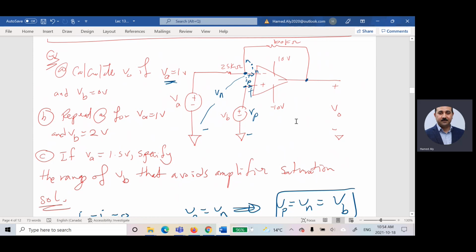This is what he is asking me about, because my linear region is in between 10 and -10 based on the configuration of the problem. So he is asking, if VO is in between 10 and -10, can you please find the range of VB?